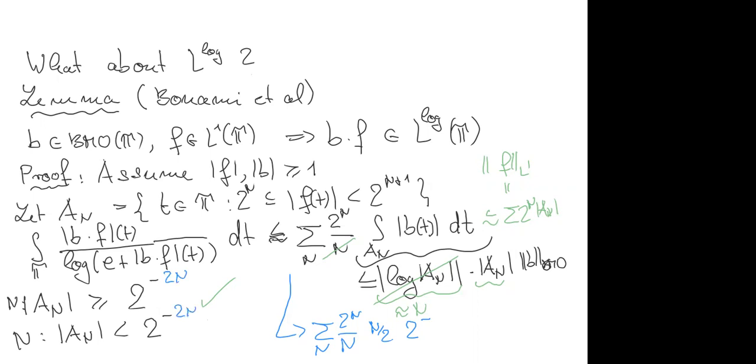N here in both. 2 to the minus 2n. And then you see this is also fine, because you have a 2 to the n and a 2 to the minus 2n. So both cases are fine. And the whole thing is just a consequence of the John-Nirenberg theorem.